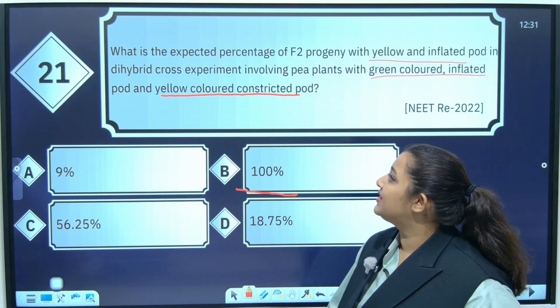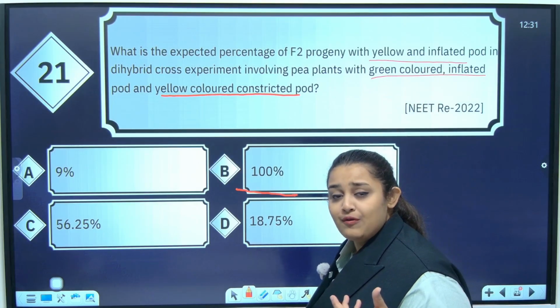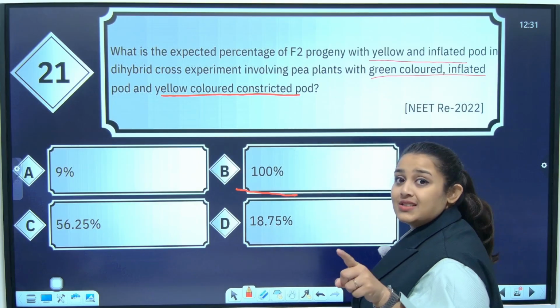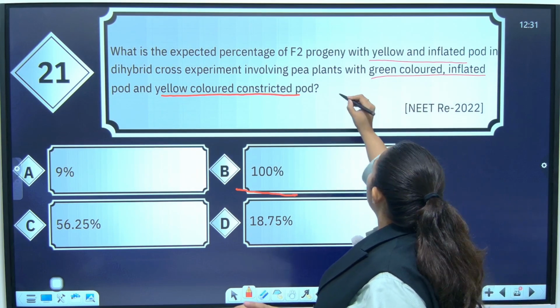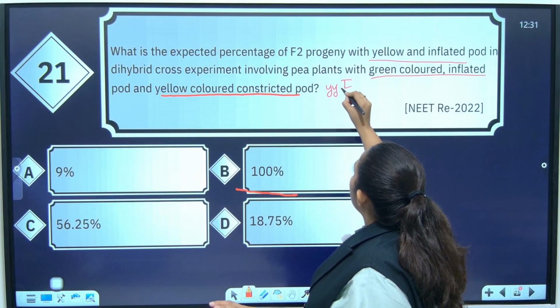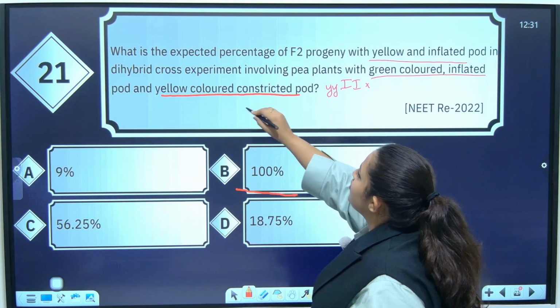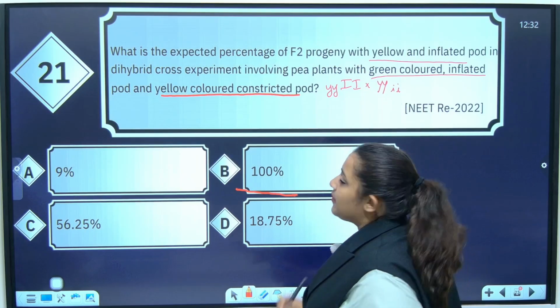So here we'll not make the same mistake. Here they've asked for the percentage of yellow and inflated, but the cross is between which two parents? Green and inflated. So it is going to be like this: green and inflated crossed with yellow and constricted.